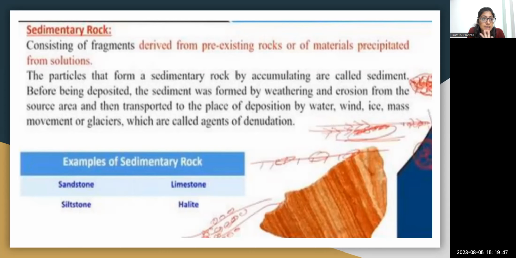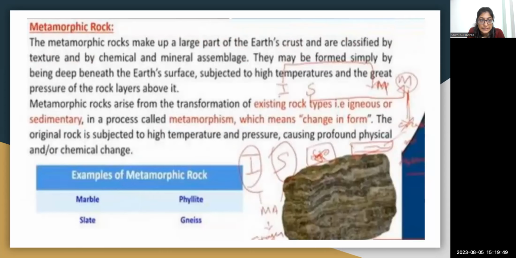So that was about sedimentary rocks. Then there is metamorphic rocks. Metamorphic rocks are igneous or sedimentary rocks which, when they are subjected to high pressure, different levels of pressure and temperature, change in chemical and physical structure and form a new type of rock, called the metamorphic rock.